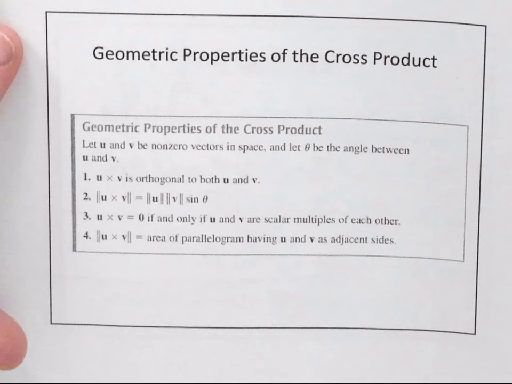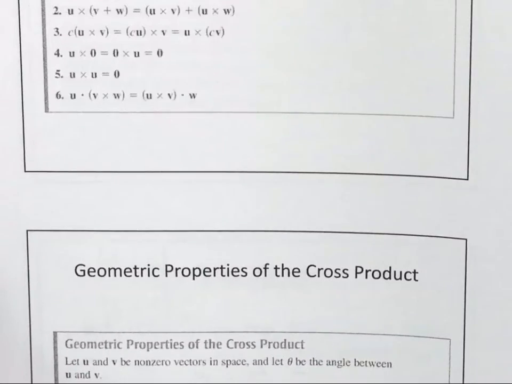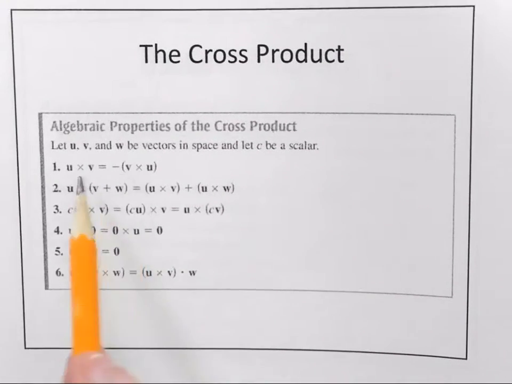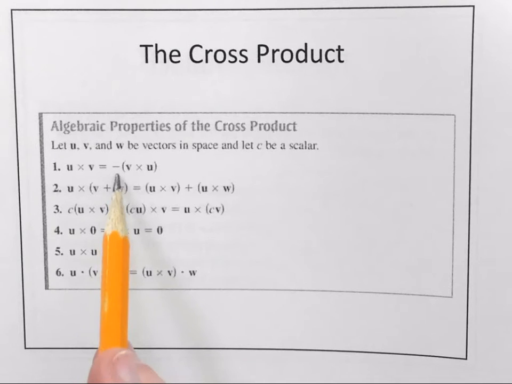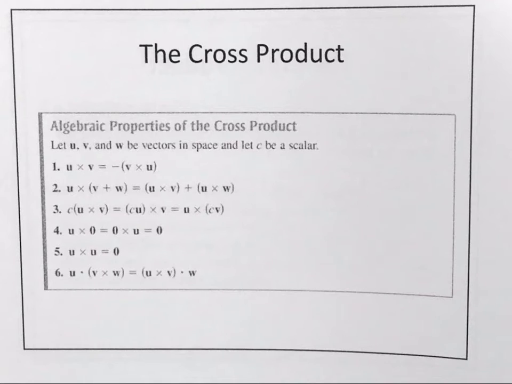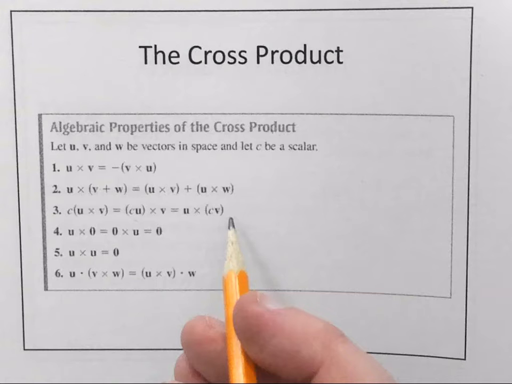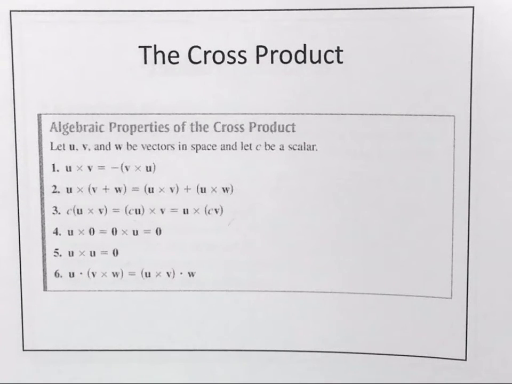So you got some basic properties that arise because of this. The one we talked about where, if you flip the order, the sign switches. When you're adding two vectors together, the distributive property applies. If you're multiplying by a scalar, though, you either want to do it first to the first one or to the second one, or wait and do it to the final vector.